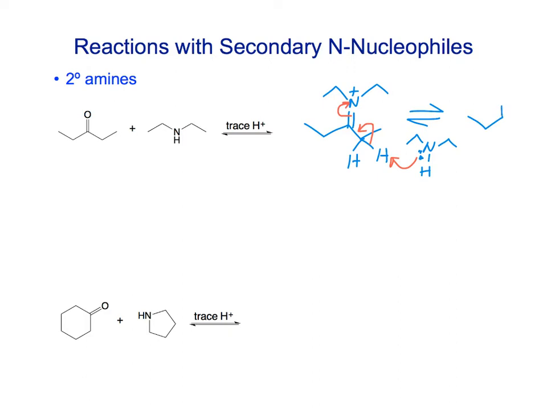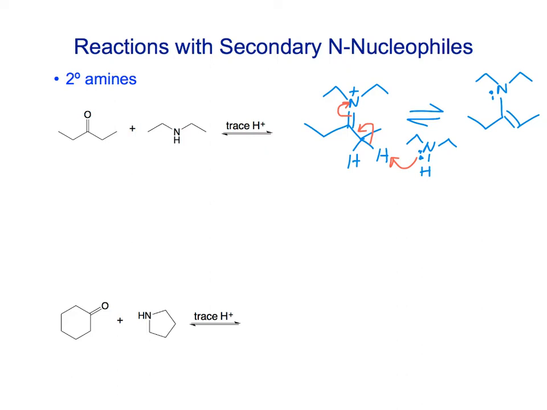The product that we get has a double bond down here now, and we have a non-bonding pair of electrons here. So this species has a double bond. What do we use for an ending for a double bond?